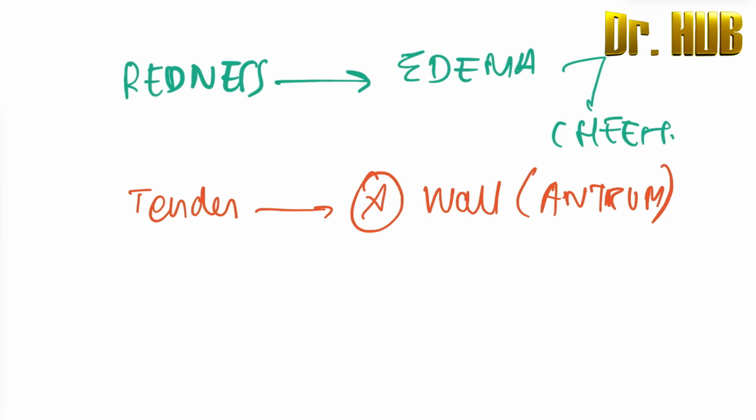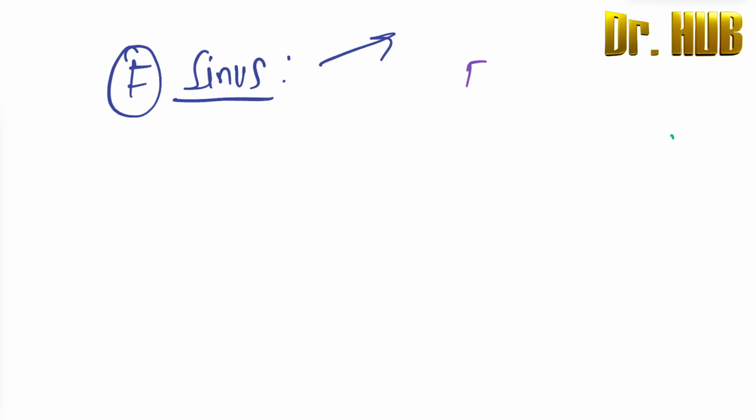Now, what are the symptoms of the frontal sinus? What we saw now are the symptoms of the maxillary sinus. Next we move on to the frontal sinus. It can present with frontal headache, also known as office headache, with a characteristic periodicity.